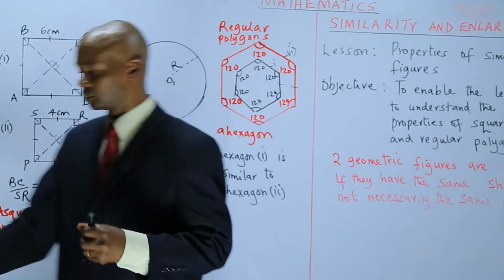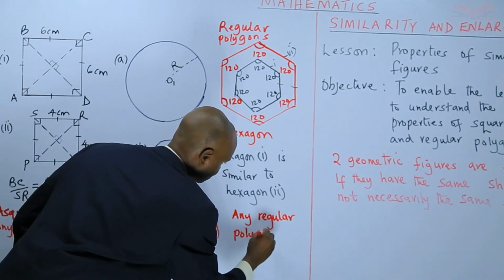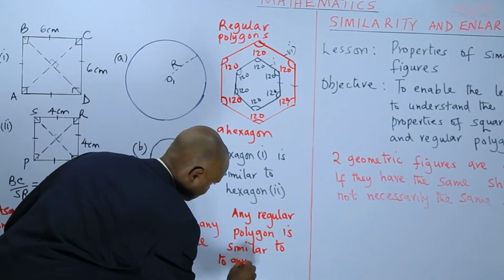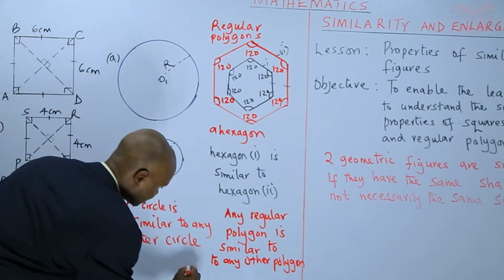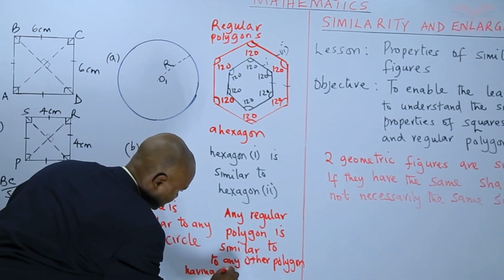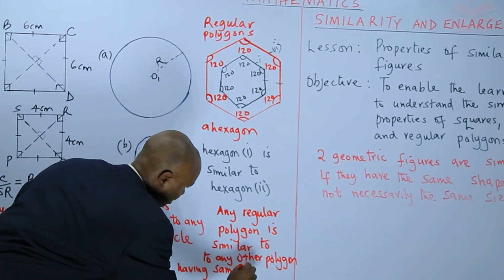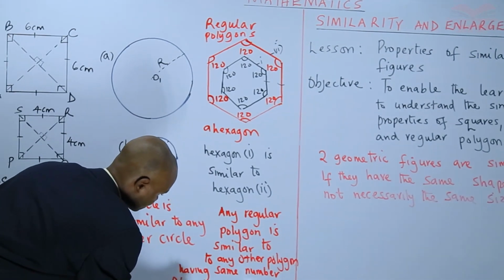So any regular polygon is similar to any other polygon having the same number of sides.